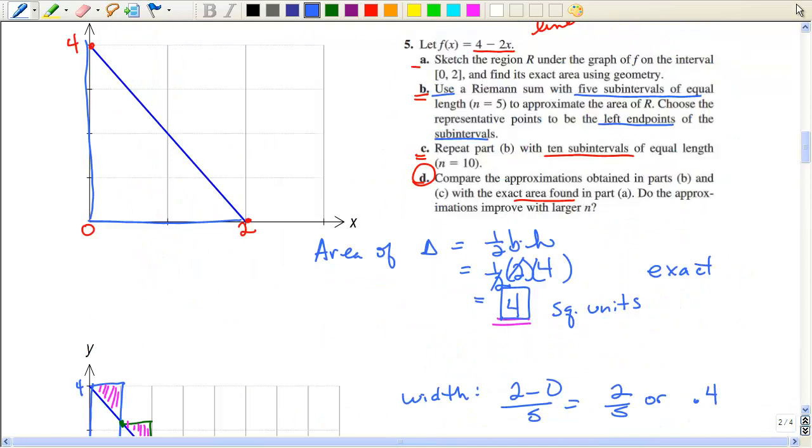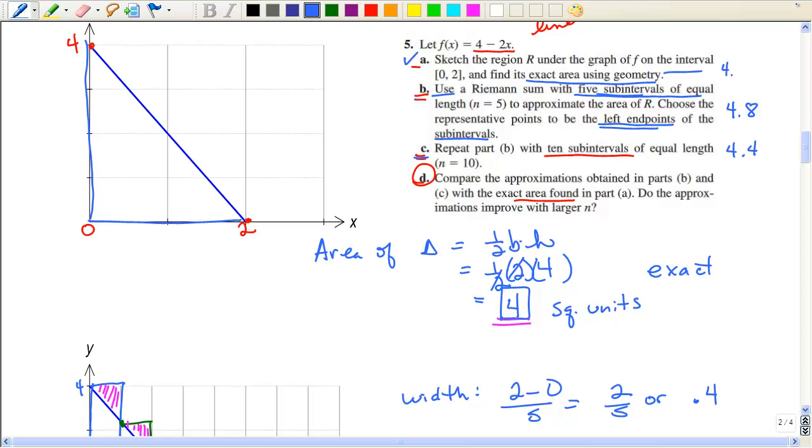So let's go back to the problem. Part A says to sketch it, and I found the exact area using geometry, the area of a triangle. In part B, I used a Riemann sum, which is just a bunch of rectangles, and I used 5 of them, and I used the left endpoints, and I got an area of 4.8. I repeated that process with 10 subintervals, and I got an area of 4.4.